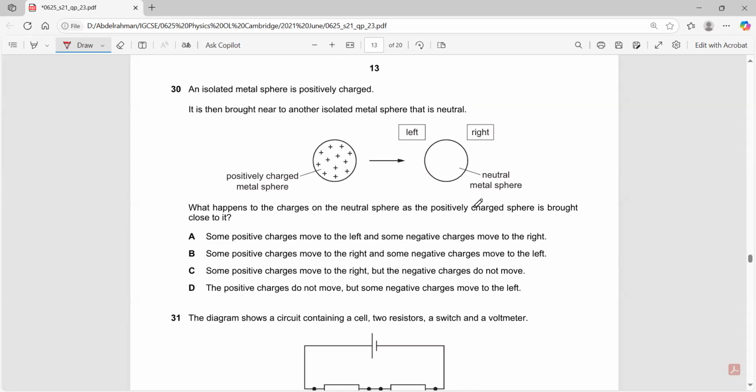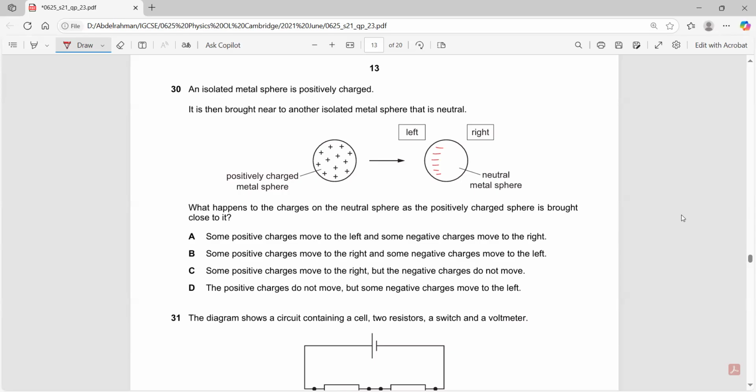Question 30. What happens to the charges on the neutral sphere as the positively charged sphere is brought close to it? So when you have the positively charged sphere near the neutral sphere, the negative charges slightly move to the left, right? The negative charges move to the left, but the positive charges do not move at all. Why?